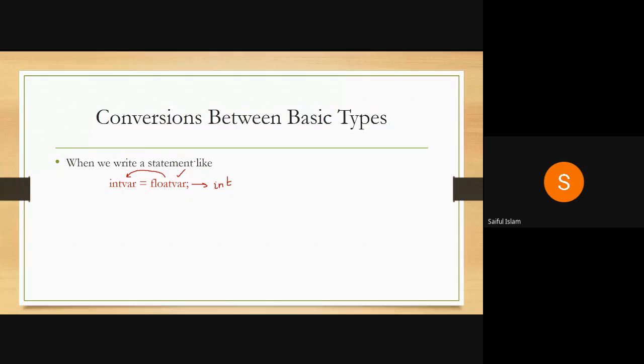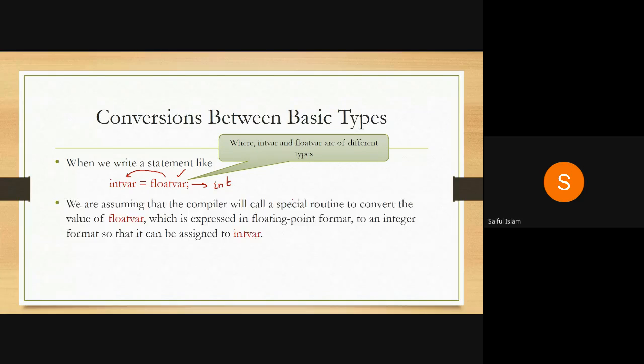A routine, or a piece of code, is with the compiler. The compiler will automatically invoke that piece of code, convert the float variable to an integer variable and assign it to an integer variable.